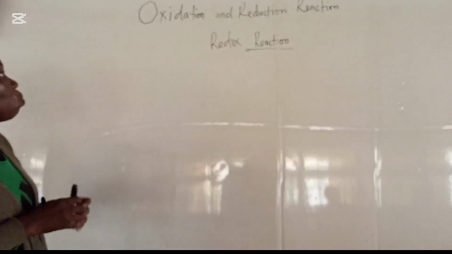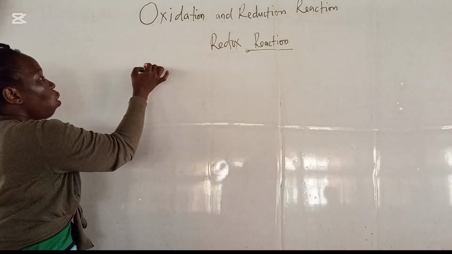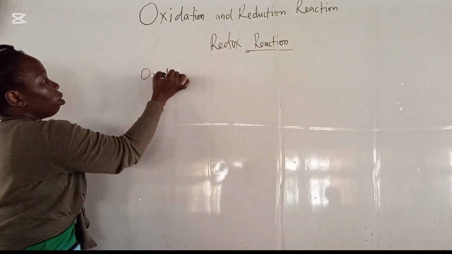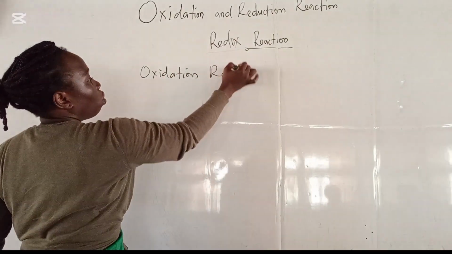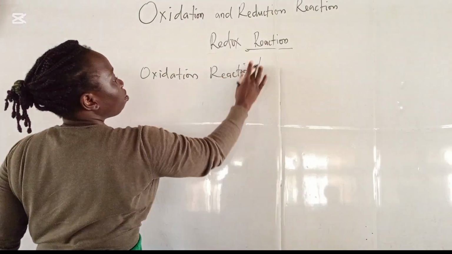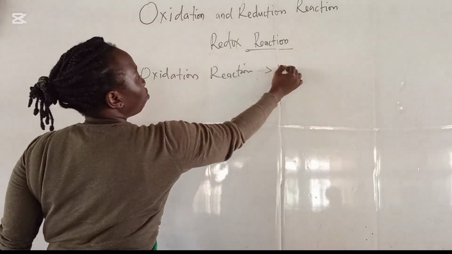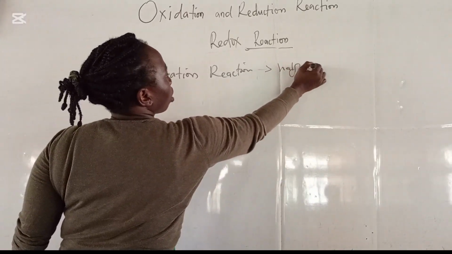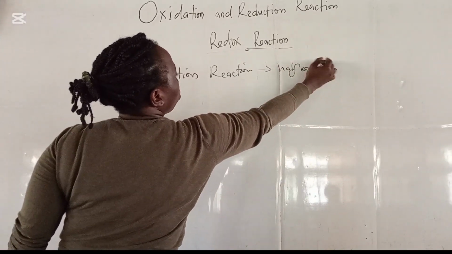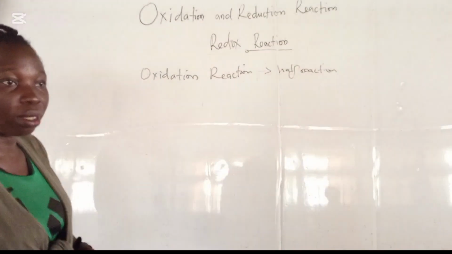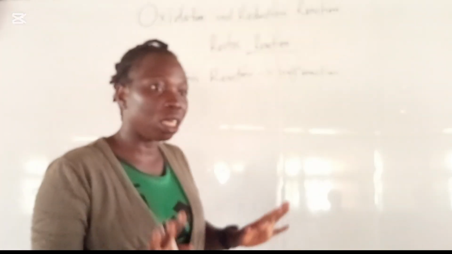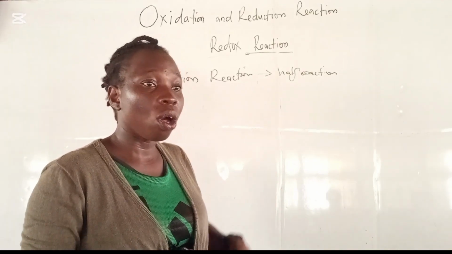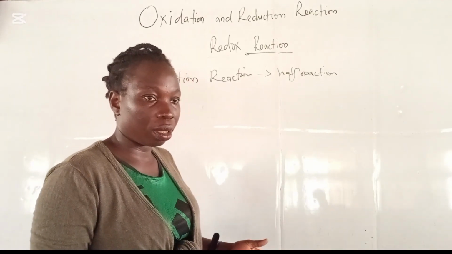So when you are treating only oxidation reaction, it will be called half reaction. So they can ask you, what is half reaction? Half reaction is a reaction that involves only oxidation or reduction process.